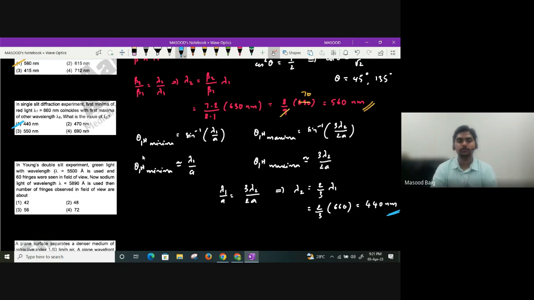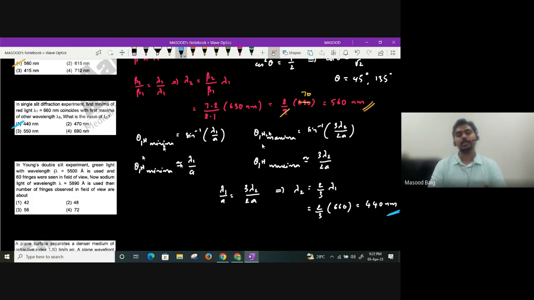What is the angular position of first minima, guys? In a diffraction pattern, sine inverse of lambda by a. So when I am using the first wavelength, the angular position is sine inverse lambda 1 by a. If this value is small, I can directly write lambda 1 by a. While using the second wavelength, the angular position of first maxima is sine inverse 3 lambda 2 by 2a. In general, 2n plus 1 lambda divided by 2a is the angular position.